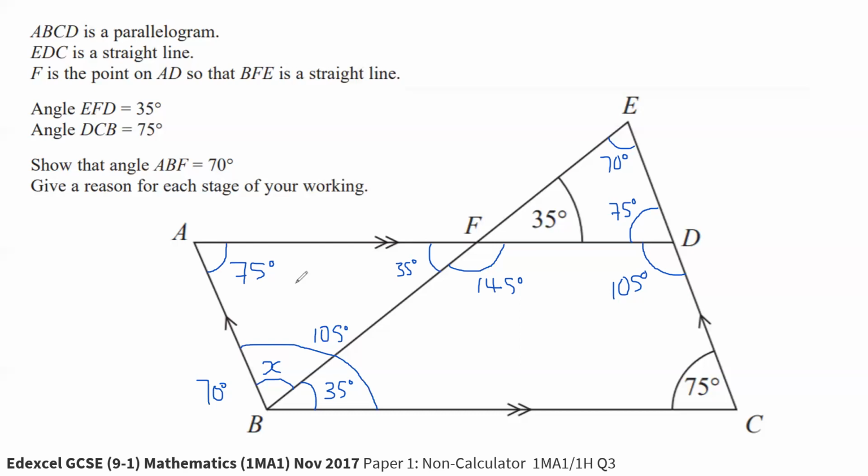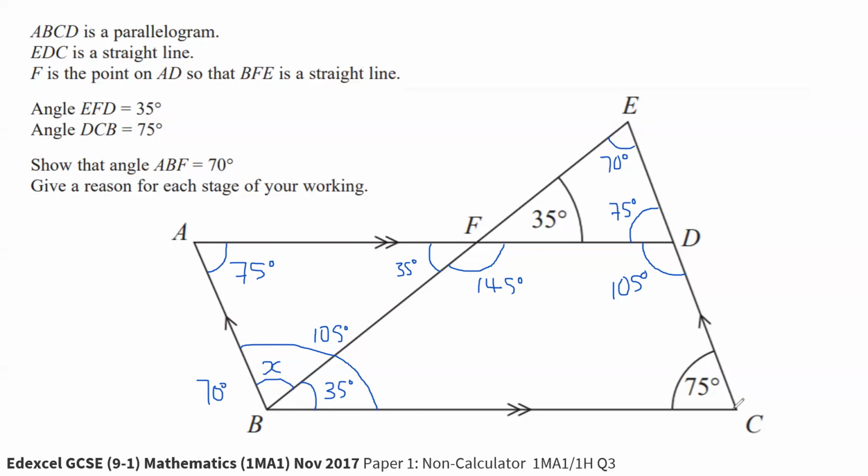Alternatively, we know that the angles in a triangle all add up to 180 degrees. So these two, 75 plus 35, add to make 110, which then leaves 70 degrees for this last angle X.